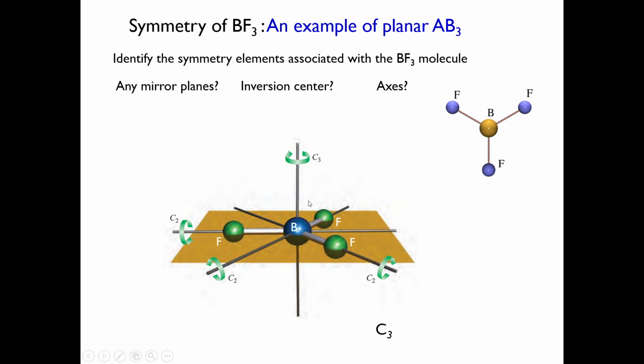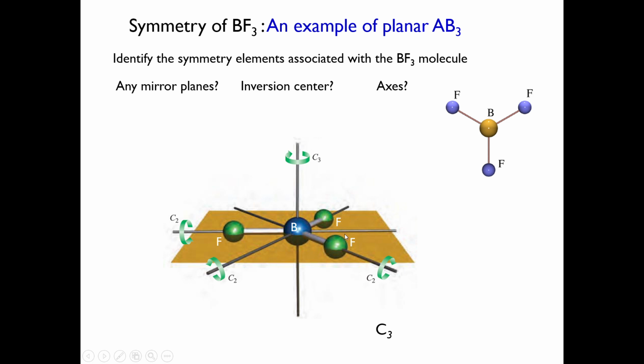Also, the principal axis and this yellow plane are perpendicular. So this molecular plane, which is a sigma, we classify as sigma h, the sigma horizontal plane, based on its relationship with the C3 axis, because if a plane is perpendicular to the principal axis, it is called sigma h.